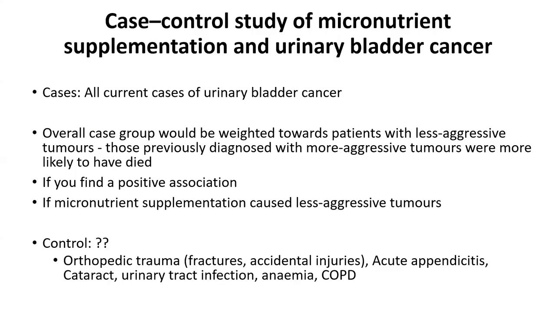Can someone comment on the controls? I have given some options for controls for this particular kind of study. The outcome is bladder cancer. So of these, which ones would you consider as appropriate controls? Would you consider those with orthopedic trauma to be appropriate controls?